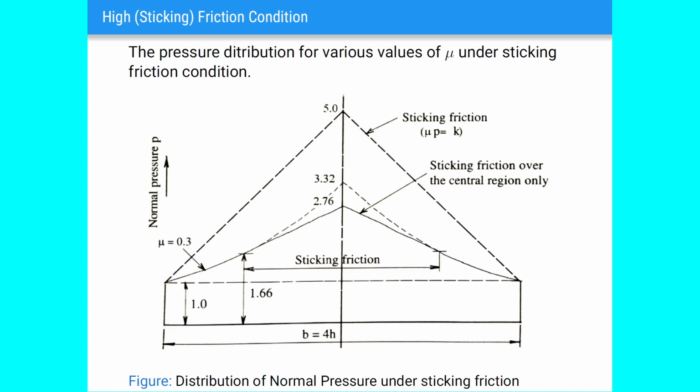Now we will try to see the situation where we have a mixed type of condition, from low friction to high friction. Mixed type of friction condition, because practically this is the situation that happens in the upsetting operation.